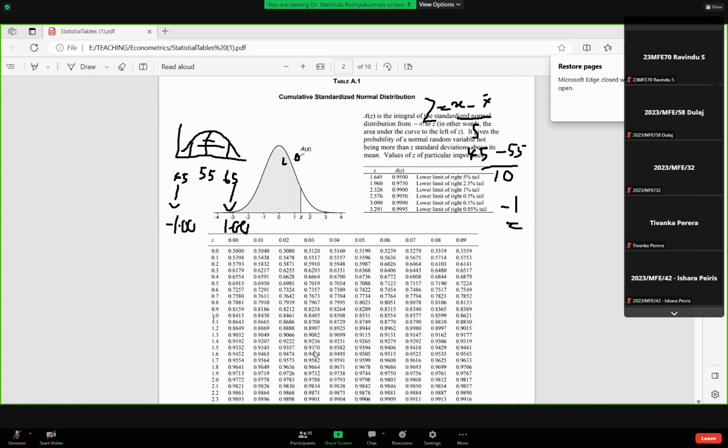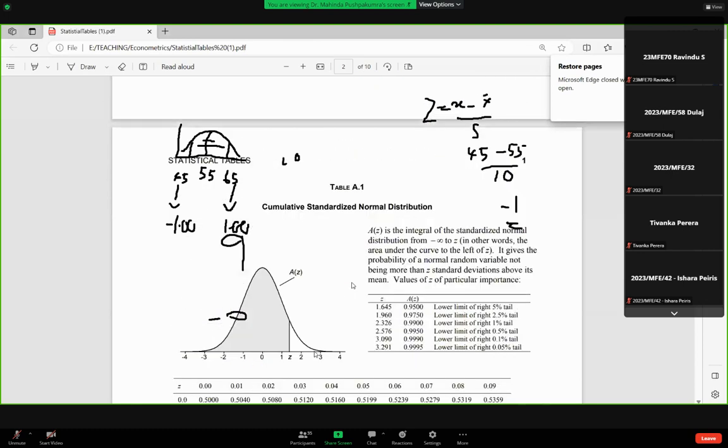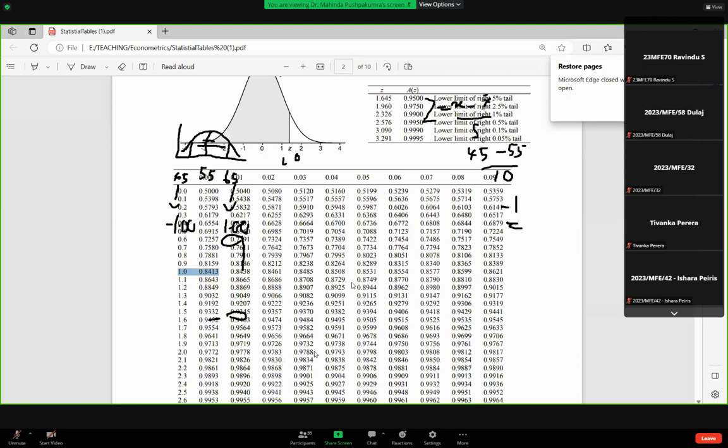You can see 1 here, 1.00. The value here is 0.8413.